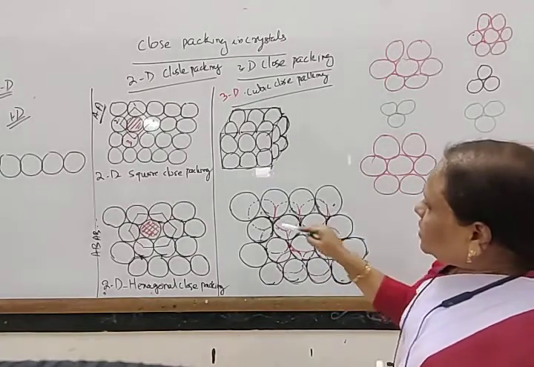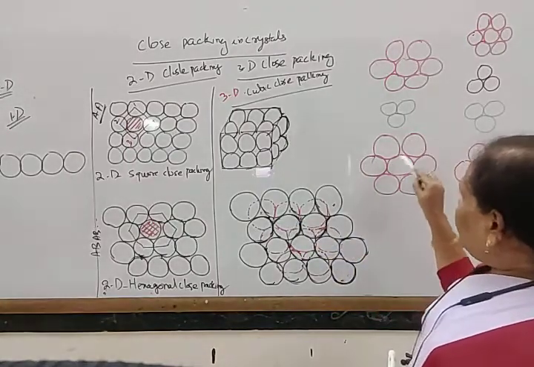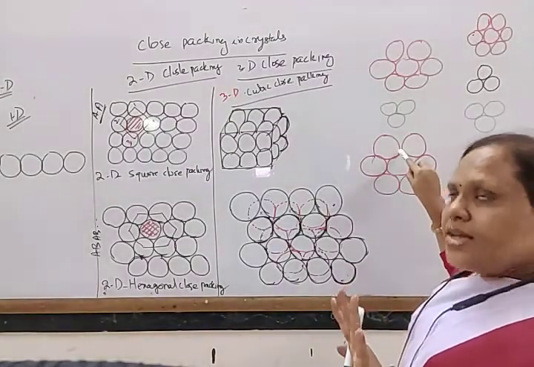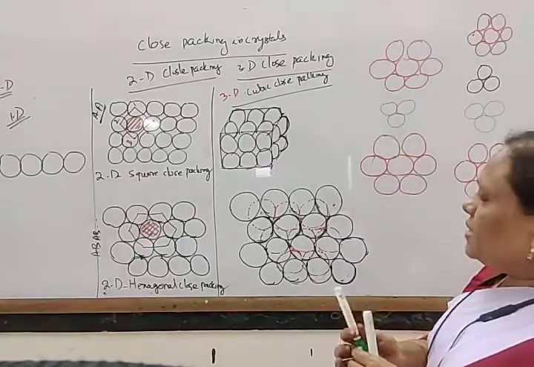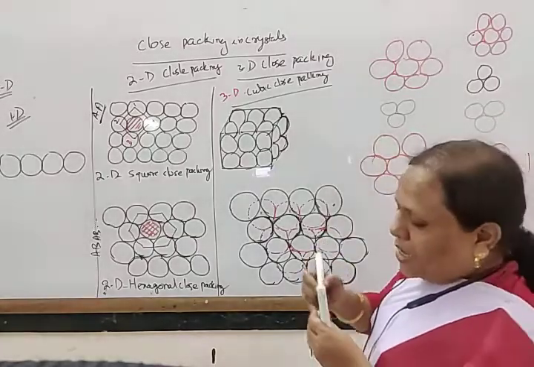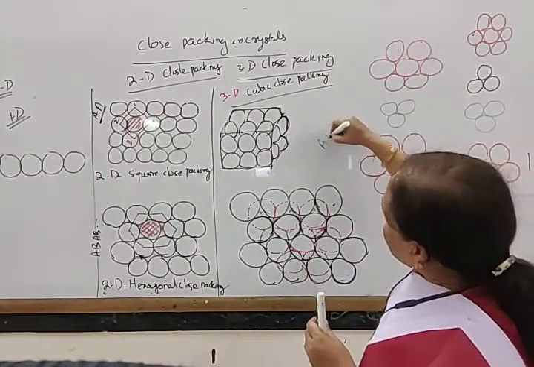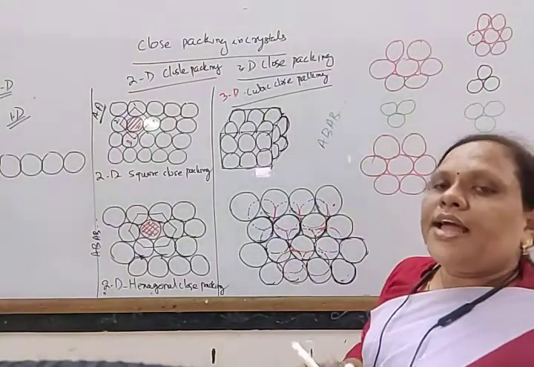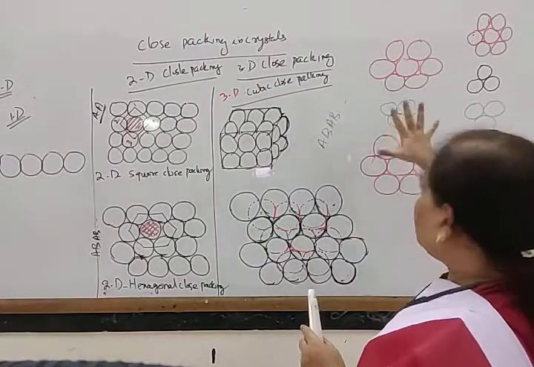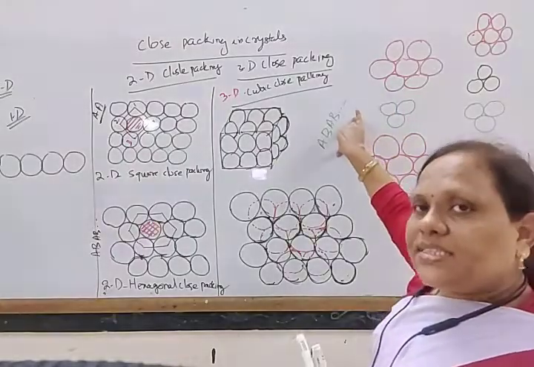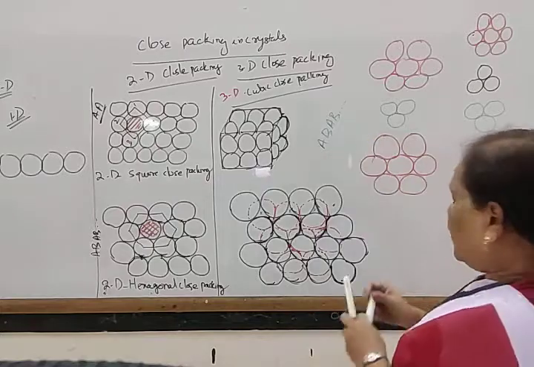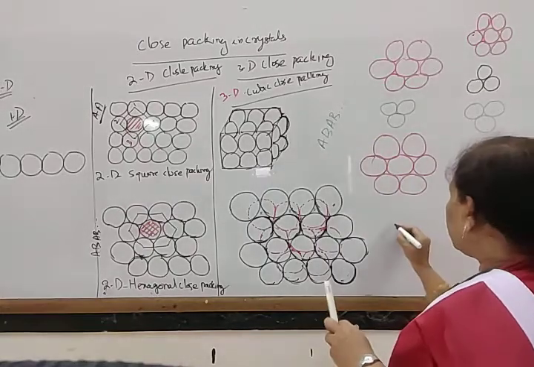So these dotted positions are covered, and this one is not covered in any way. This type of arrangement is called ABAB type arrangement, and it gives a hexagonal close packing structure.